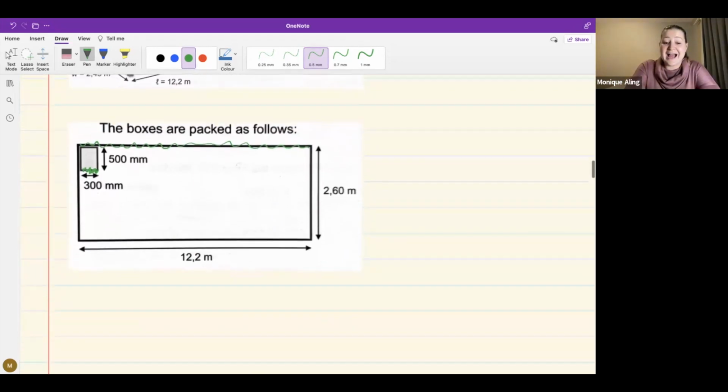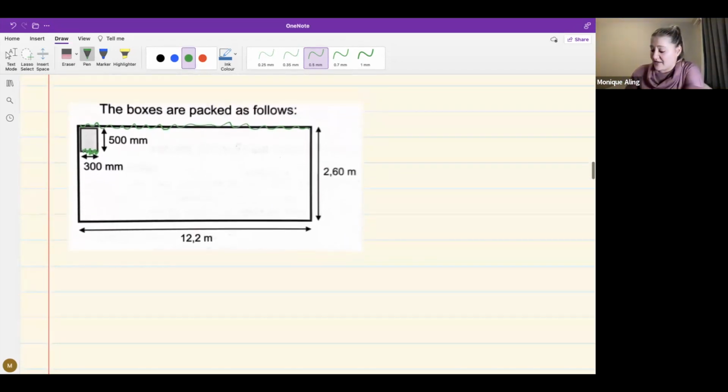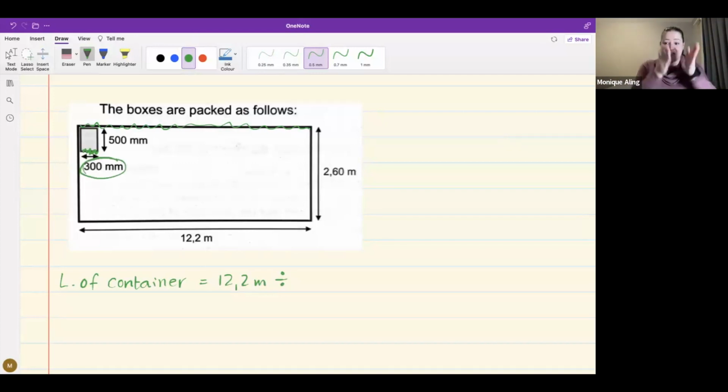So to work out how many boxes fit along the length of my container, I take the length of my container, which is 12,2 meters, and I'm going to divide by the width of my box because it's been packed that way. Okay, so it's important for them to specify how it's going to be packed.